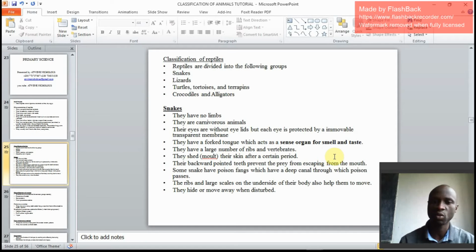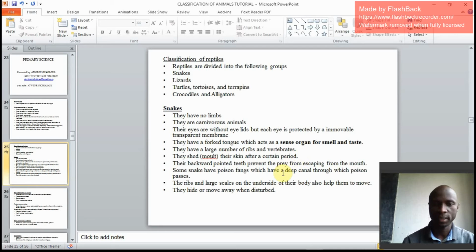Human beings use the nose to smell and the tongue to taste. For them, they use their forked tongue to do both. They have a large number of ribs and vertebrae. Then they shed or molt their skin after a certain period of time, when they are growing and increasing in size.